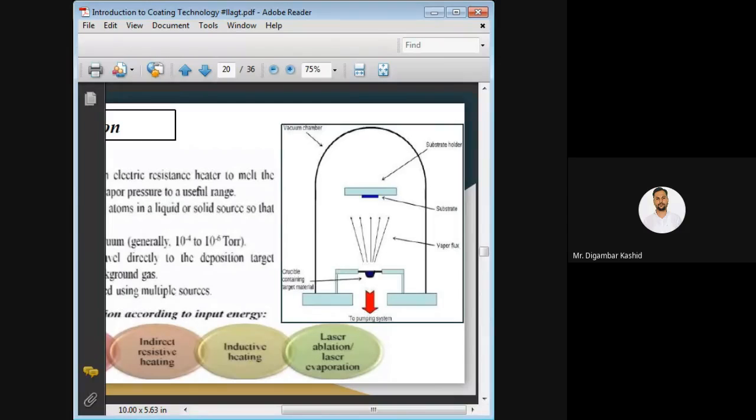Sometimes we use a heating element or heating coil, and that coil gives the thermal environment by which your source comes to vapor form, and that vapor is deposited onto your substrate, whether metals, ceramics, or polymers.